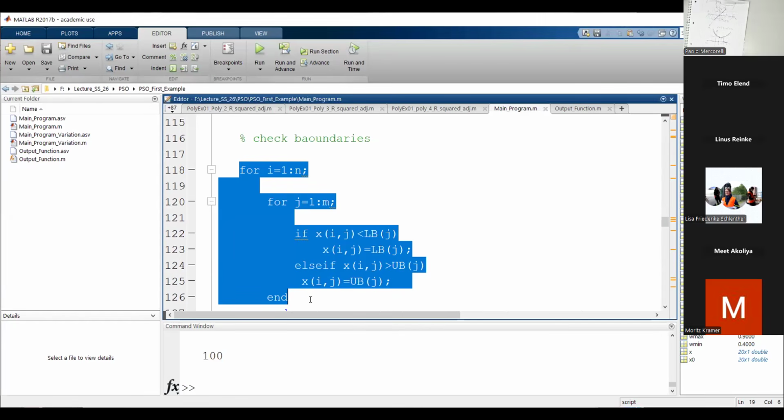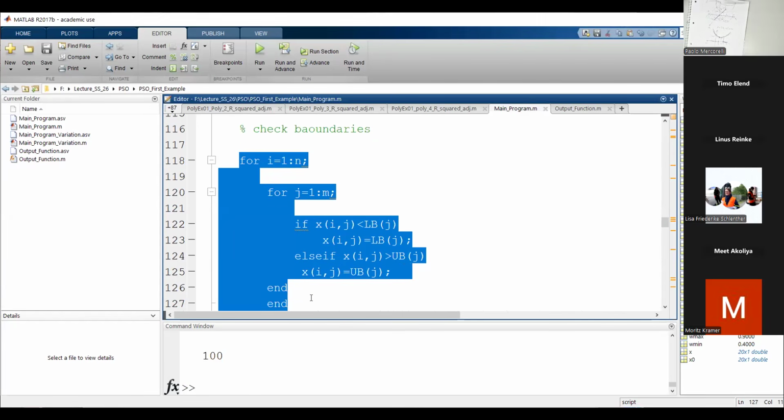This 2-4. No? Yeah, we will check if it's outside of the boundary, we fix the boundary. If what I'm looking for is outside of the lower bound, in this case, I fix the lower bound.